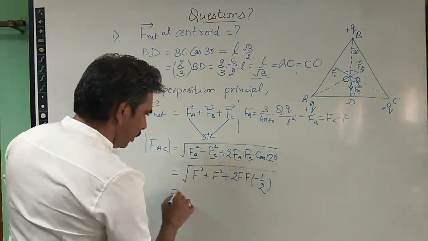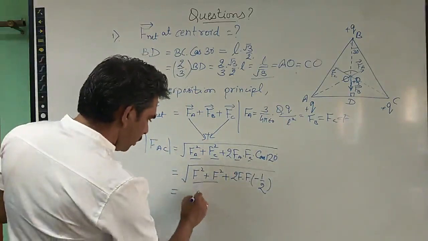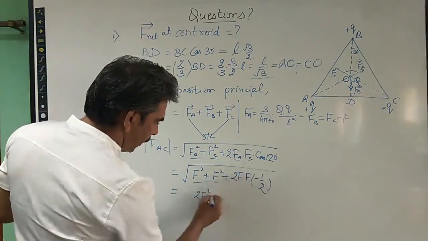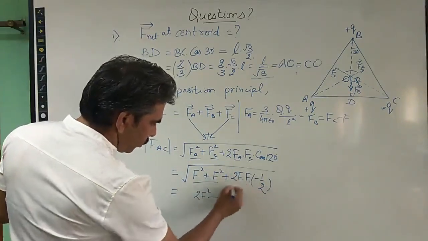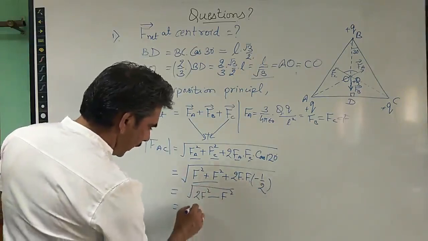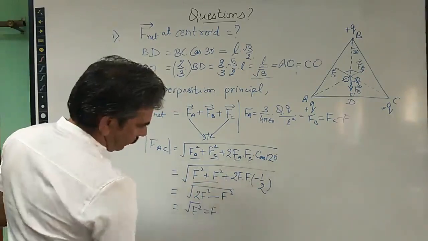If we simplify this, it becomes the square root of 2F square minus F square, so the 2 cancels out and we are left with F square under the root, which is simply F.